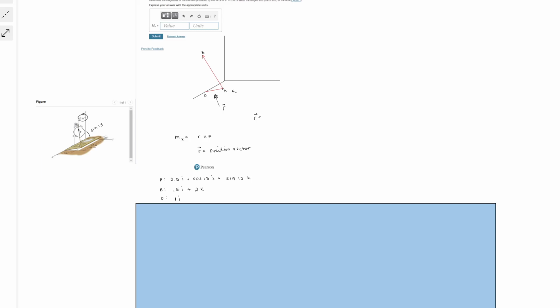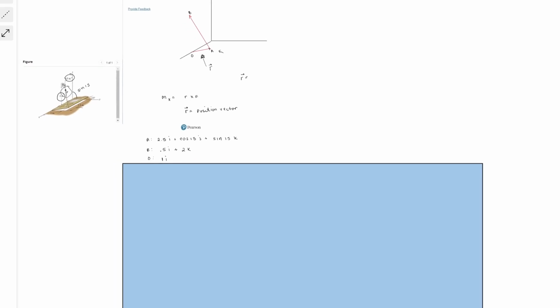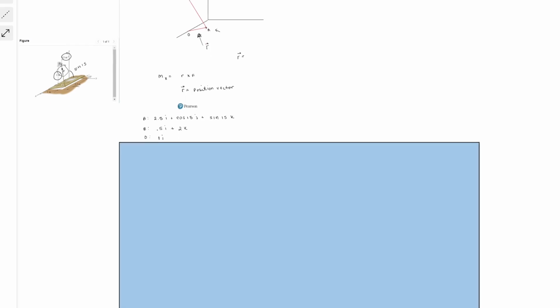So we don't have to worry about the j for that one. And the k would be right here, the 2. Okay. And then the O is this point that I made right here, and it would just be 1i.